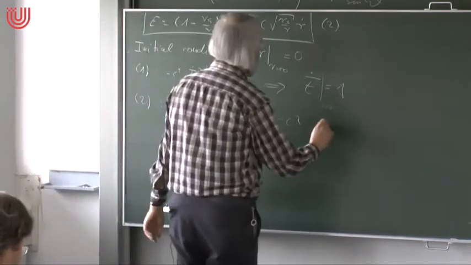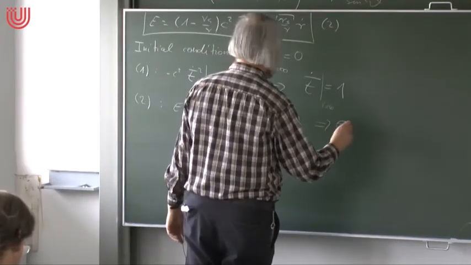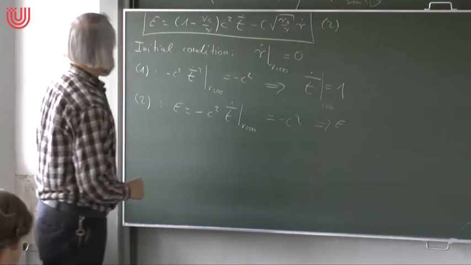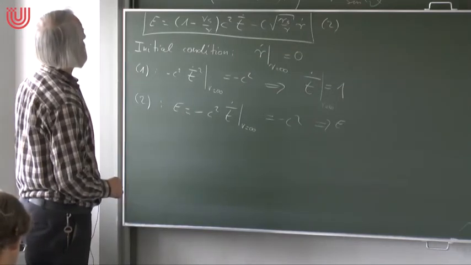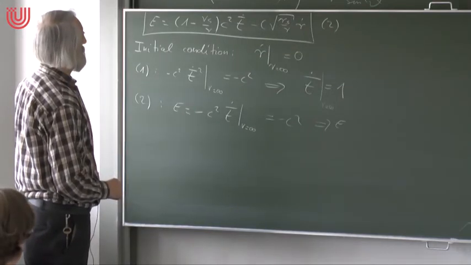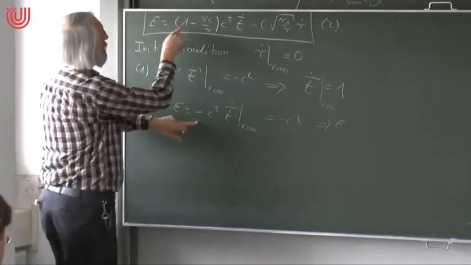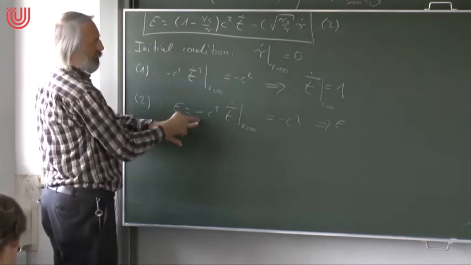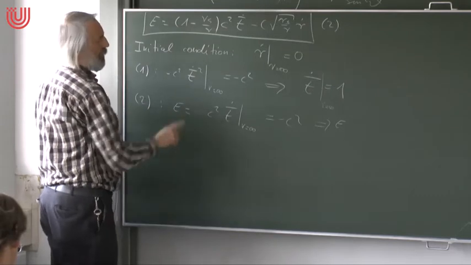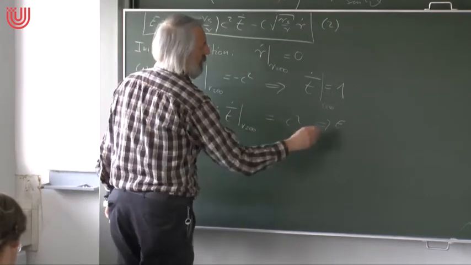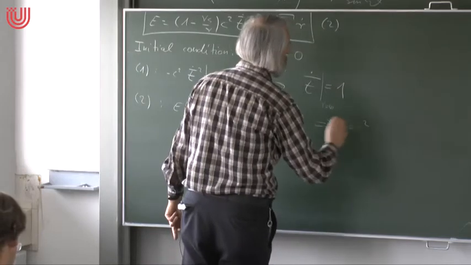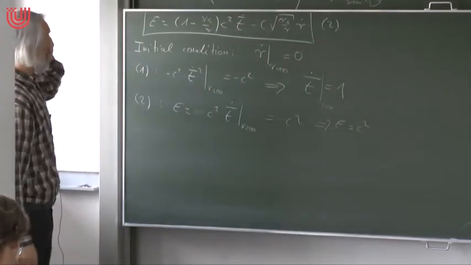And this implies that E is c squared, right? Why is there a minus? I think the minus is just wrong, right? There was a plus 1. Why did I write a minus here? That's nonsense. So there's a plus, and then E is c squared. Okay. So we have determined now the E.